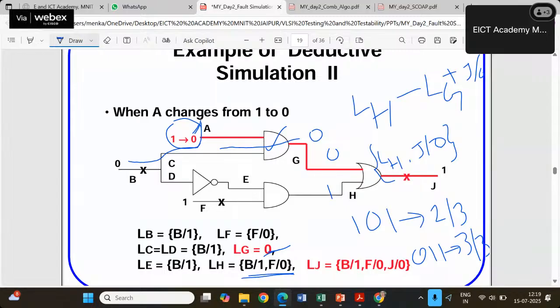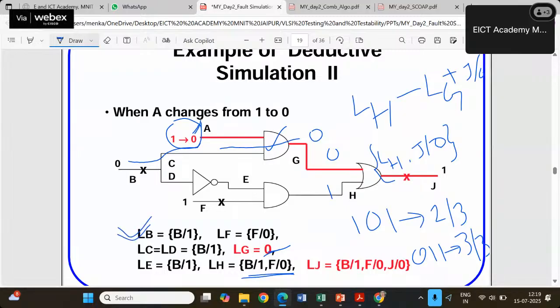Gaurav, please let me know if there is some question in the chat box. What is L here? That is from Sai Kumar. L is the list of faults at that particular branch. For example, I am talking about LB.